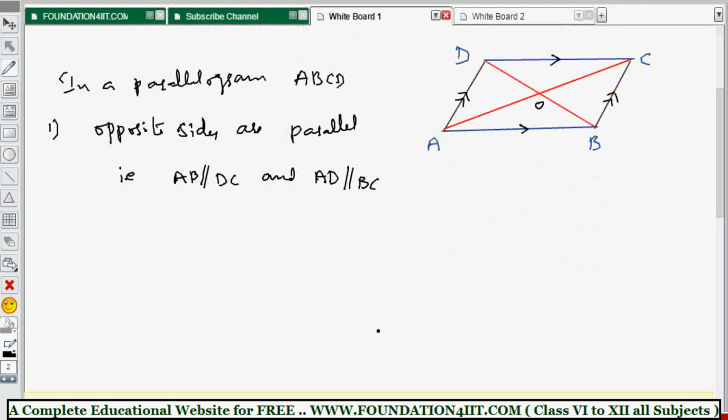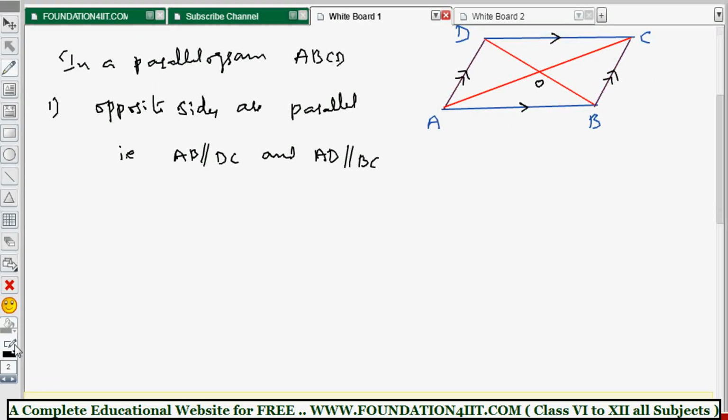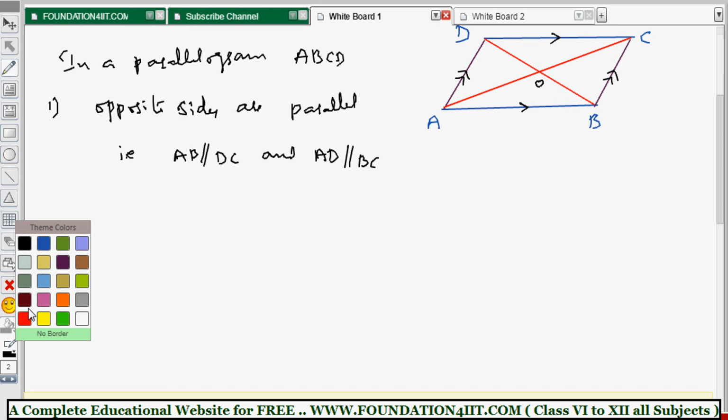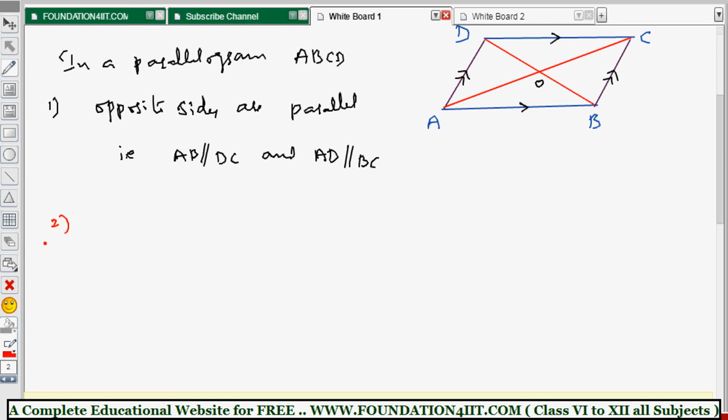I'll explain the properties one by one. The first one is that opposite sides are parallel, and the next one is that opposite sides are equal in this parallelogram. Opposite sides are equal.